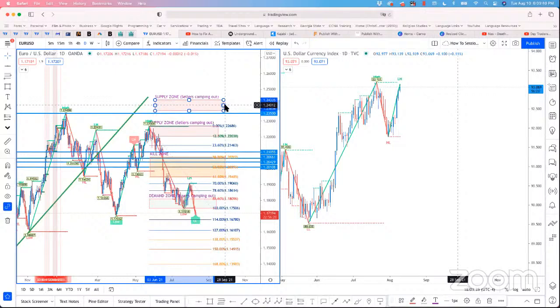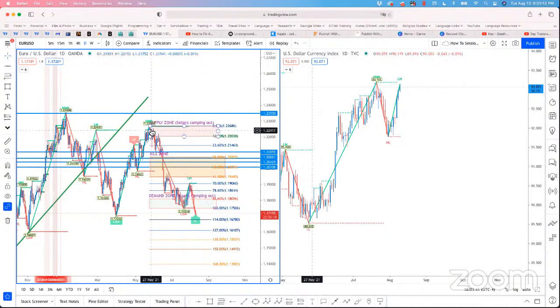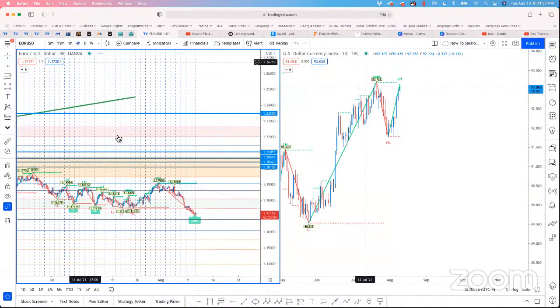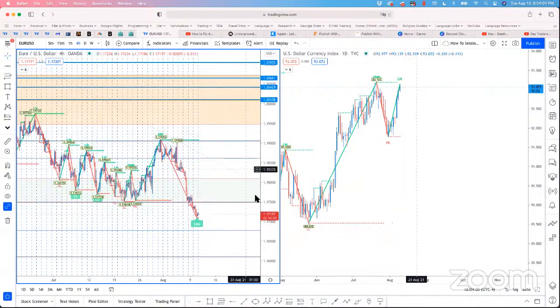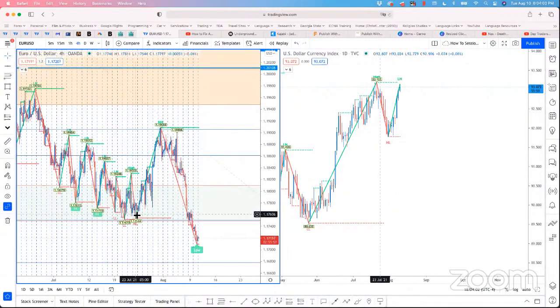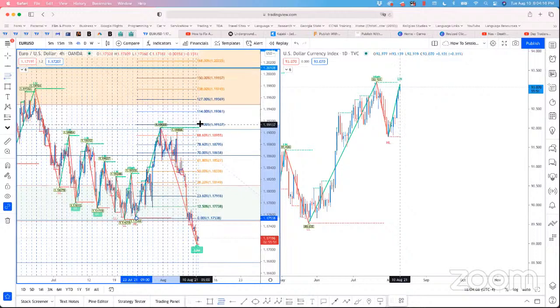The way Wes used this, he takes the higher time frame move and he knows, okay, I've got supply here, kill zone here, demand here. Then on the lower time frame, like the 4 hour or the 1 hour, you take the same approach and measure this move right here.